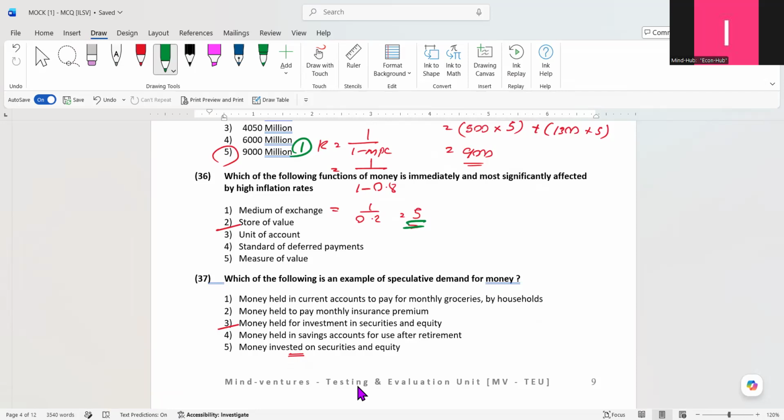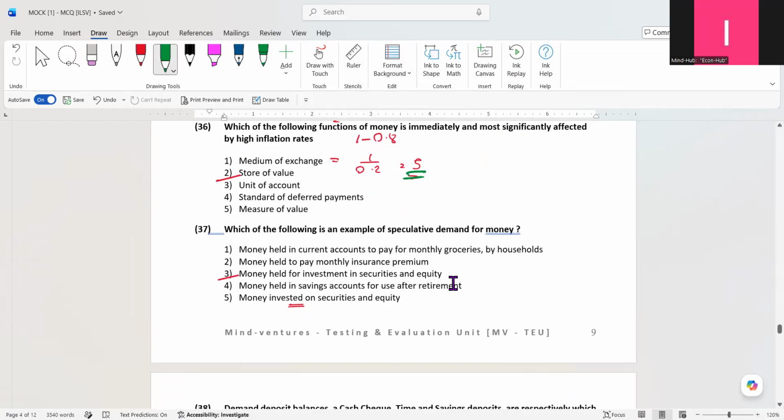So there is no point in keeping money in banks. It's better to spend the money on goods and services as soon as possible, because in times of high inflation, what you can buy today would be less than what you can buy tomorrow. So better buy today. So don't save but spend. Store of value becomes less attractive with inflation, and it's the first function we give up with high inflation.